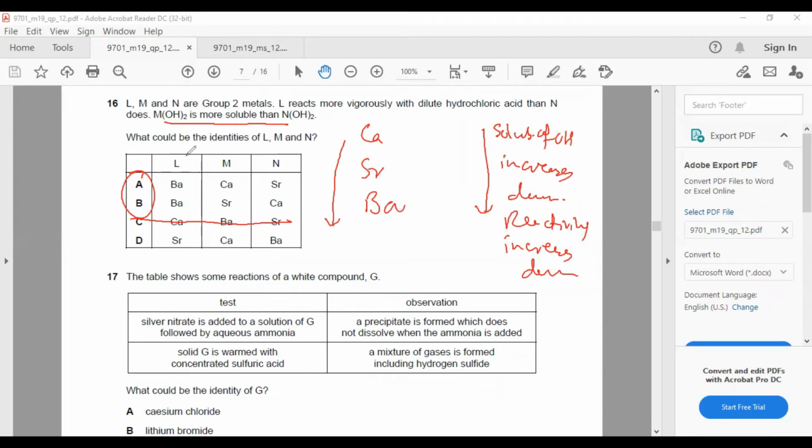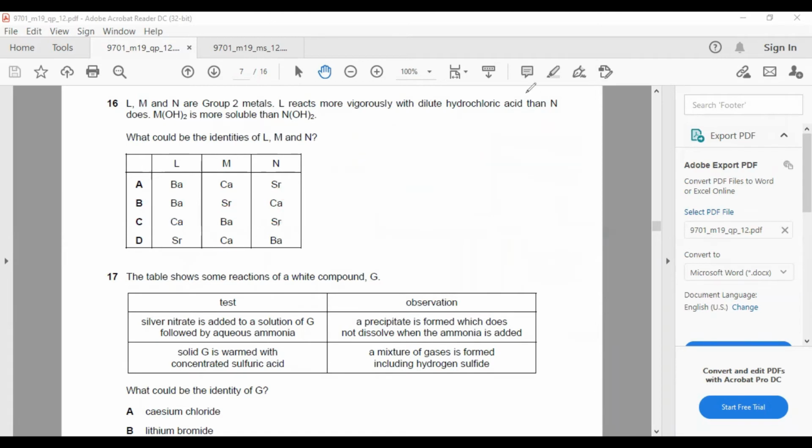It cannot be A because calcium hydroxide is not more soluble than strontium. Strontium hydroxide is more soluble than calcium hydroxide, since down the group solubility of hydroxide increases. So that is the answer.